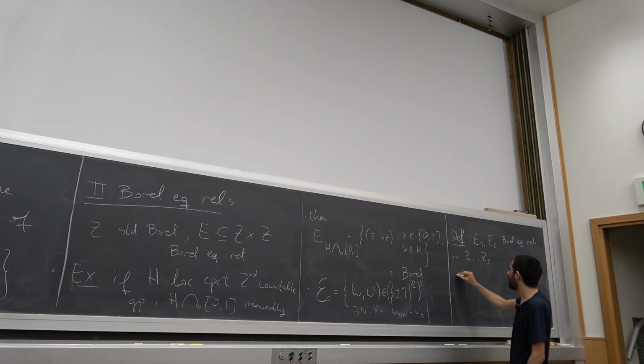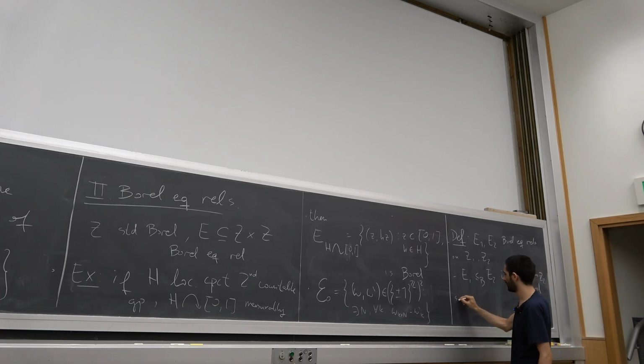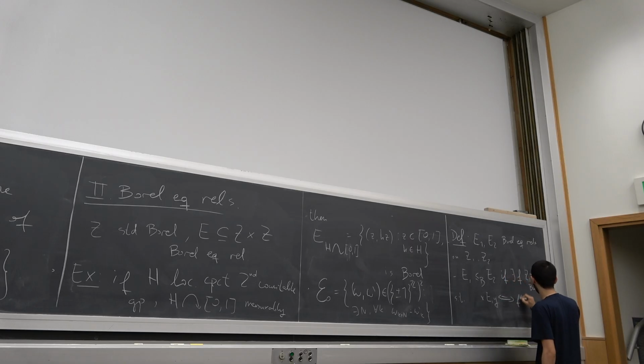I'll say E1 is Borel reducible to E2 if there exists a Borel map from Z1 to Z2 such that x and y are E1 related if and only if their images are E2 related.